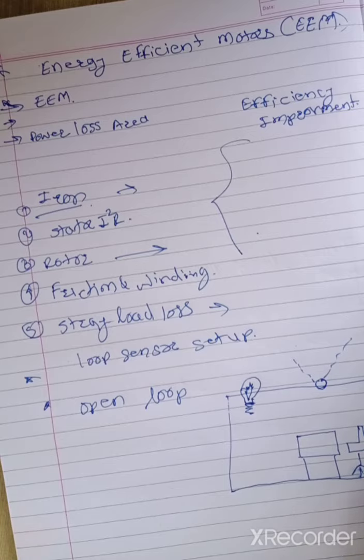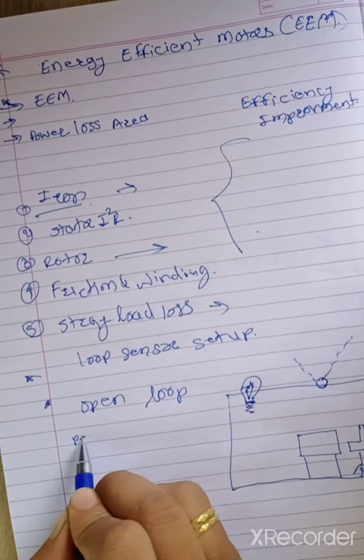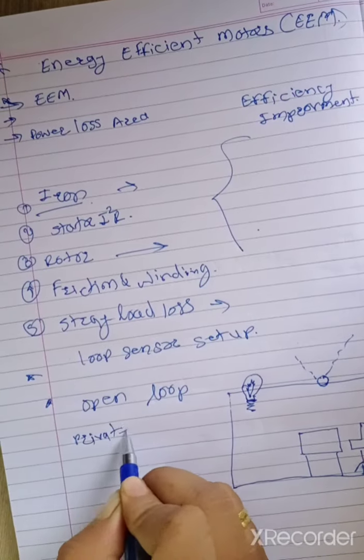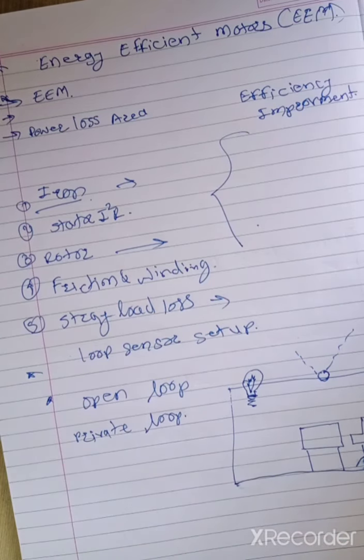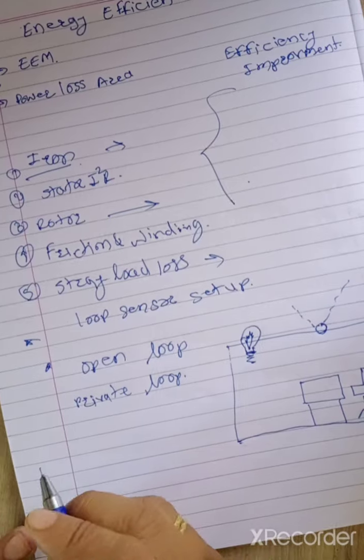Right? This is about the open loop sensor setup. Closed loop, another point is closed loop. I'll draw a diagram for closed loop also.